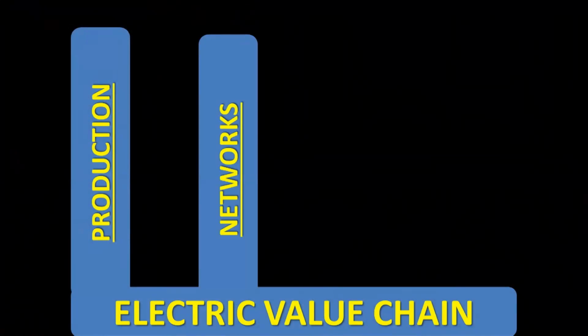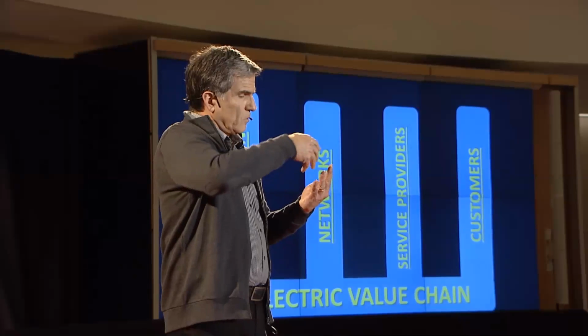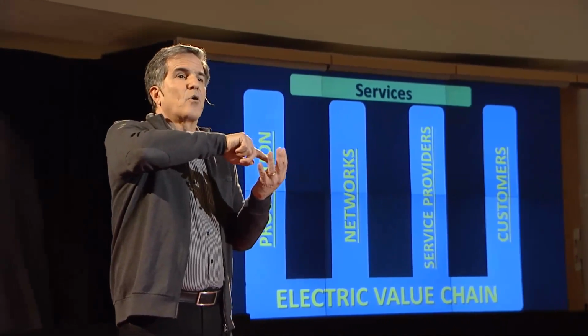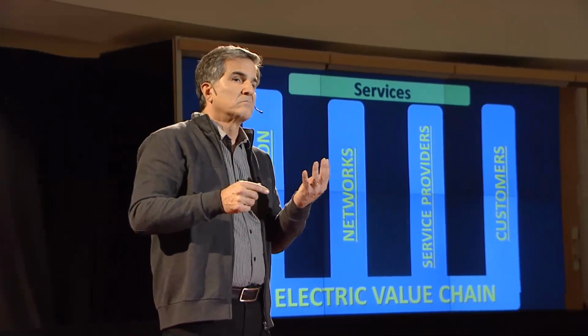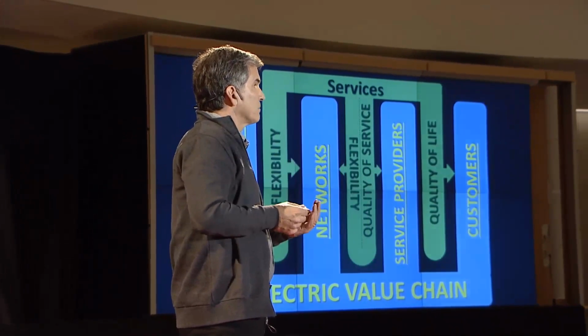It's then transmitted over networks or distribution systems, repackaged, and then finally used by customers at the end. What I'm proposing is that there's a set of services that overlay that and they connect all of the different pieces in the chain. So you have quality of life, quality of service, and flexibility. And I will talk about each of those in turn.